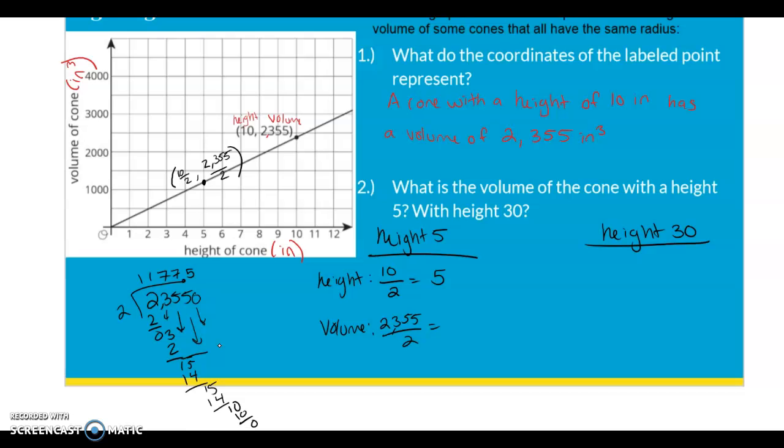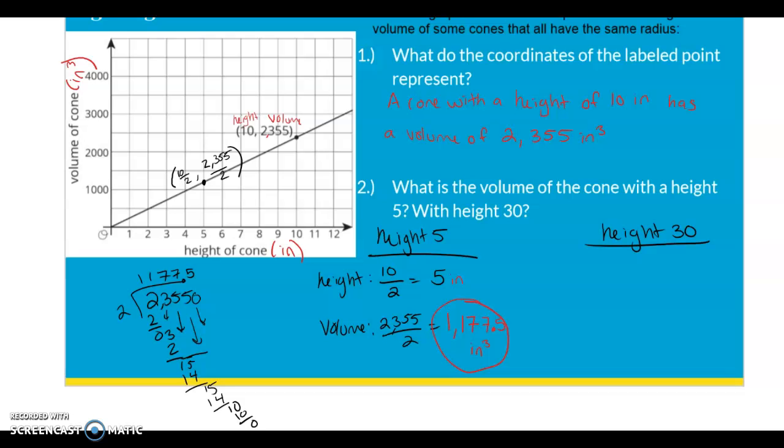Yep, perfect. So the volume of a cone with a height of 5 is 1,177.5 inches cubed. Crazy.